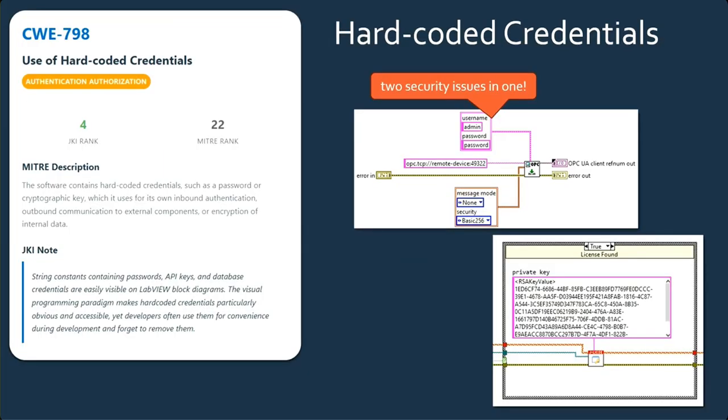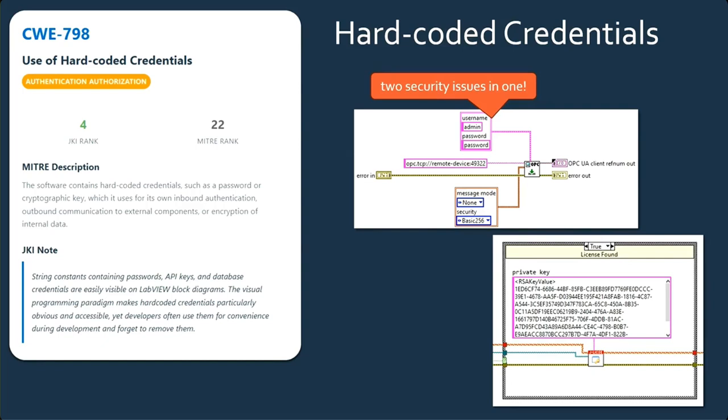All right, we have 2 more CWEs to talk about. 798, hard-coded credentials. Again, this is one that's particularly easy to do in LabVIEW because sometimes we feel like if it's on a block diagram, it is intrinsically secure, but that may not be the case. Whether it's putting passwords, and I highlighted 2 security issues in one, both that you had a hard-coded password and that your password is "password".